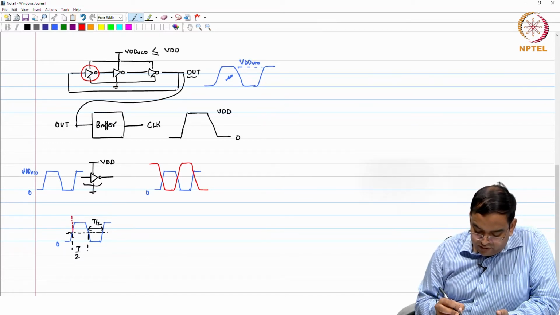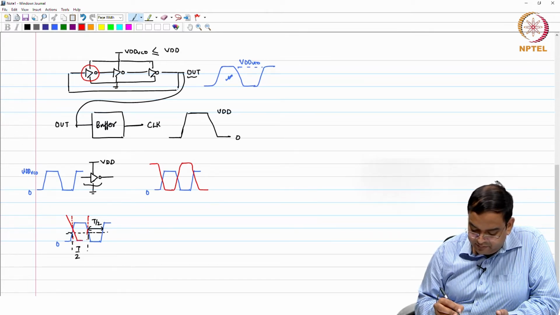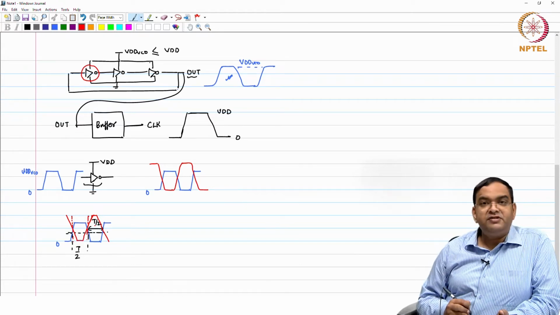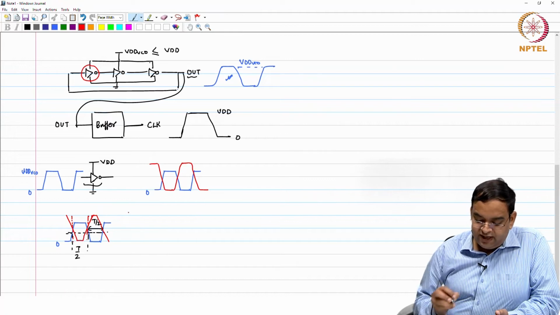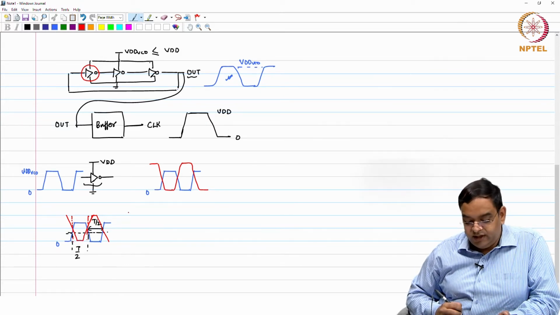The inverter which is designed with 0 to VDD will have crossing points like this. Those crossing points will be at VDD by 2. Those crossing points will not be at VDD VCO by 2. So, your duty cycle will get distorted. Okay.